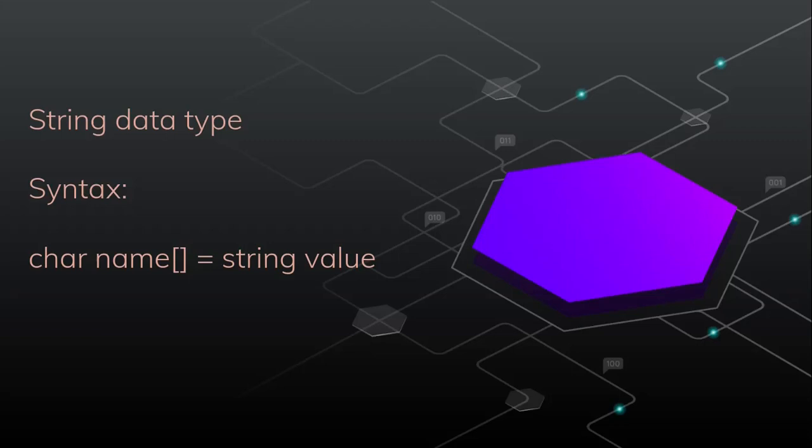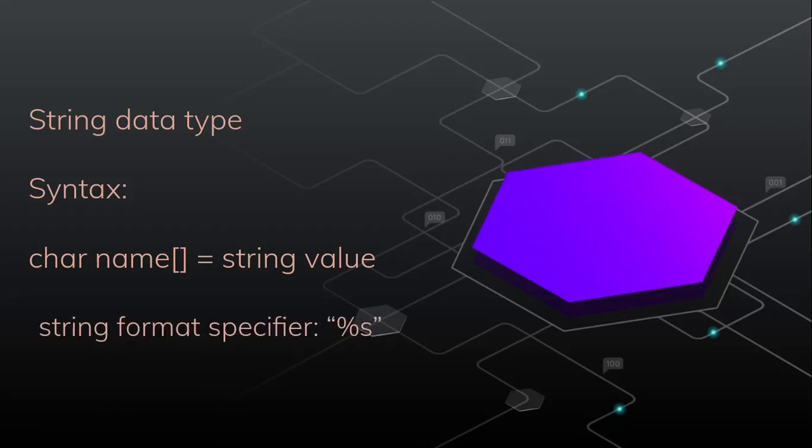That makes sense. And then we have an assignment operator, and then we have a string value. But that string value is enclosed with double quotes. You remember when you declare a char, that character is enclosed with single quotes. This one is enclosed with double quotes, right?